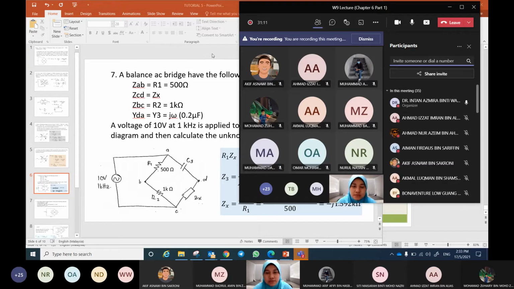Z1 is equal to 500 ohm. Okay, Z1 is equal to R1, it is equal to 500. And then Z2 is equal to? Z2 is equal to 1 kilo ohm. Okay, Z2 is equal to R2 is equal to 1 kilo ohm.